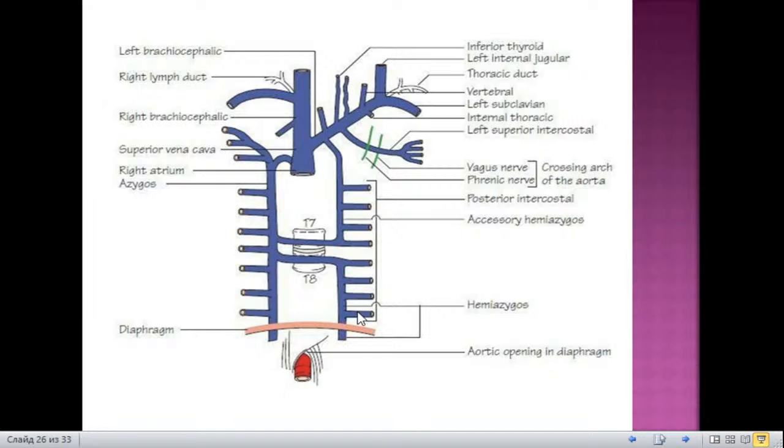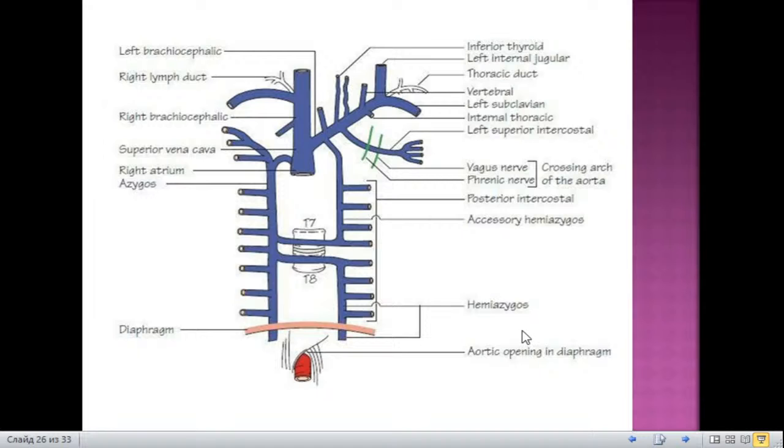About the hemiazygous vein, it begins like a continuation of the left ascending lumbar vein, and really it ascends a little, but at the level of T7, T8, between these two vertebrae, this hemiazygous vein turns to the right and drains into the azygous.